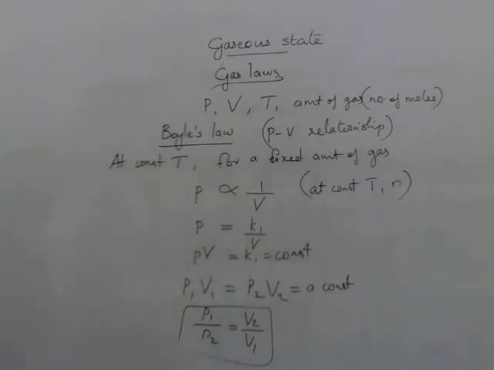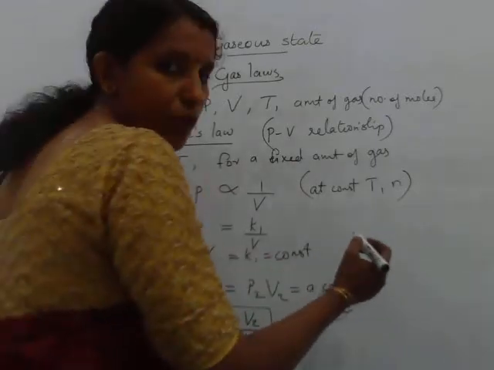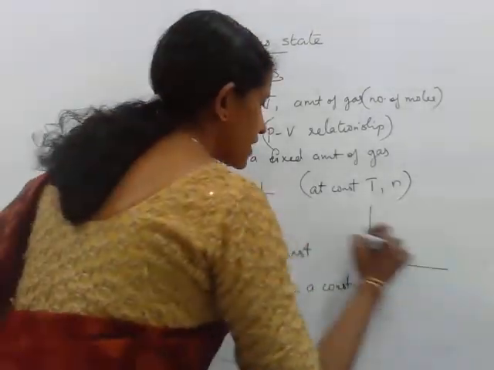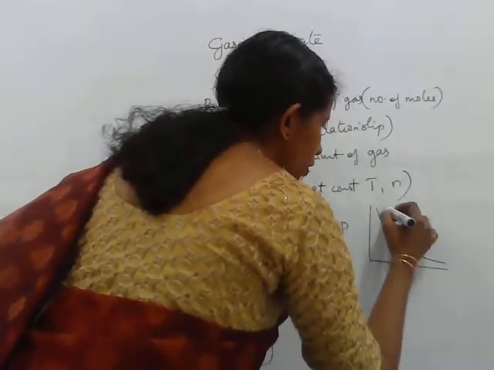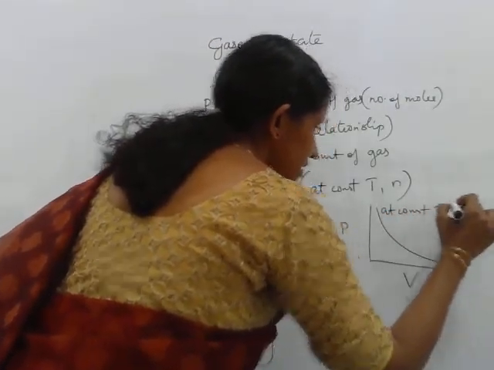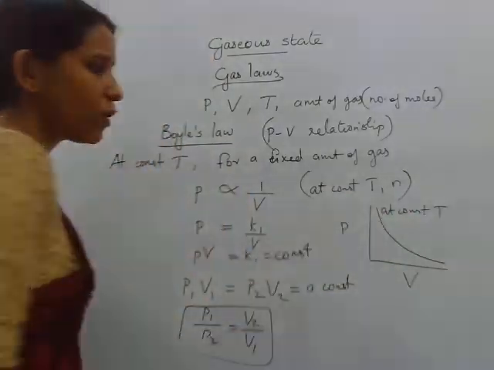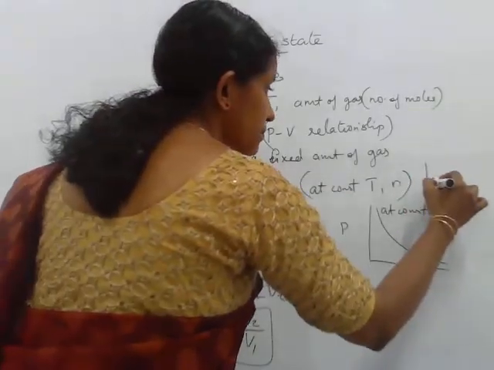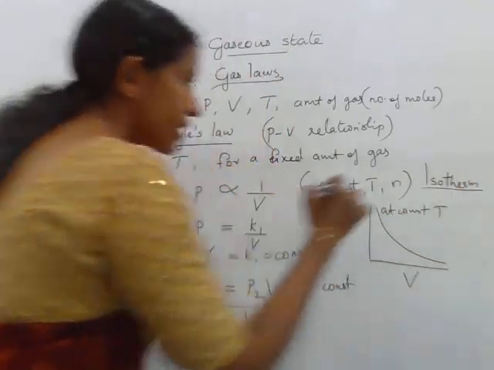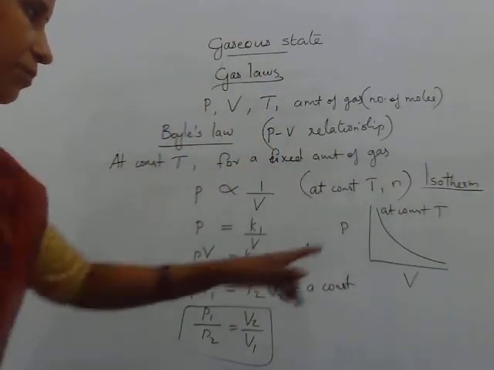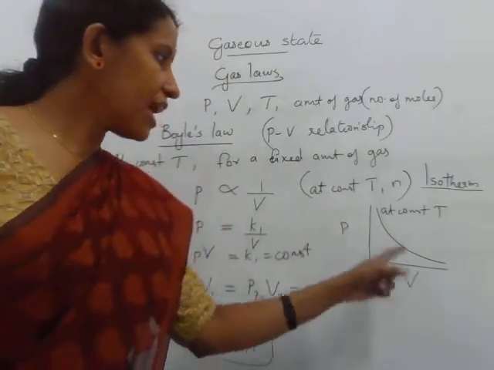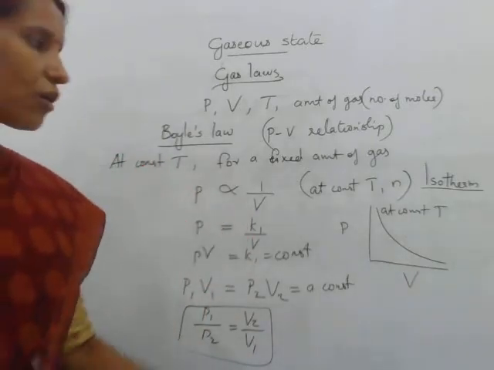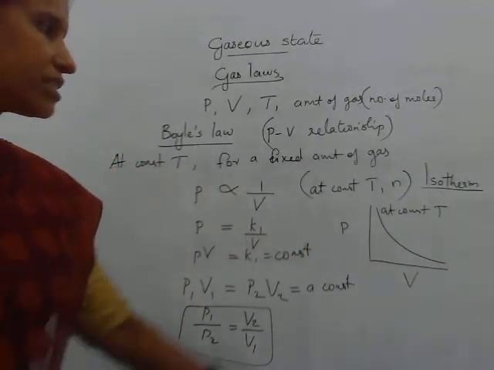Boyle's law can also be explained graphically. If you plot pressure against volume, we get a curved graph. The graph is plotted at constant temperature. Constant temperature plots are known as isotherms. So this is an isotherm.